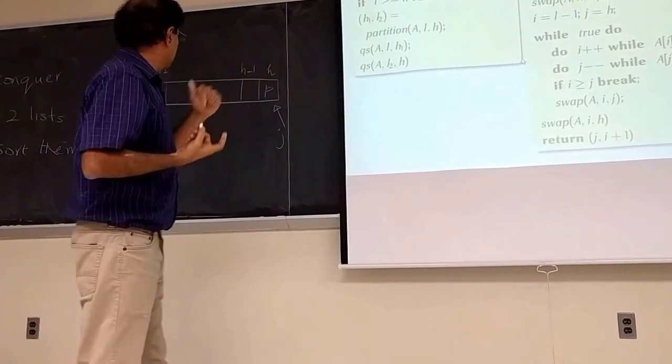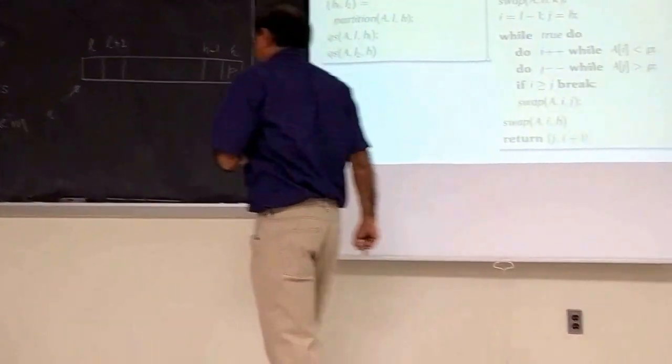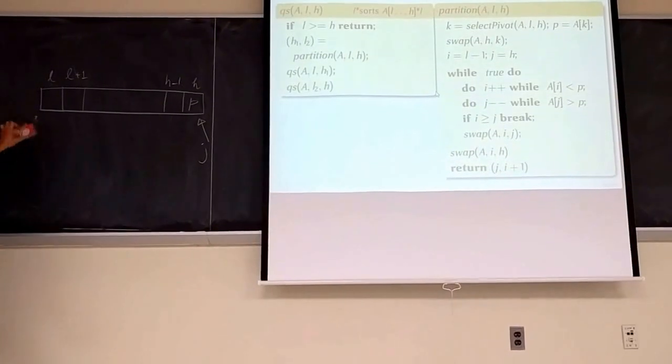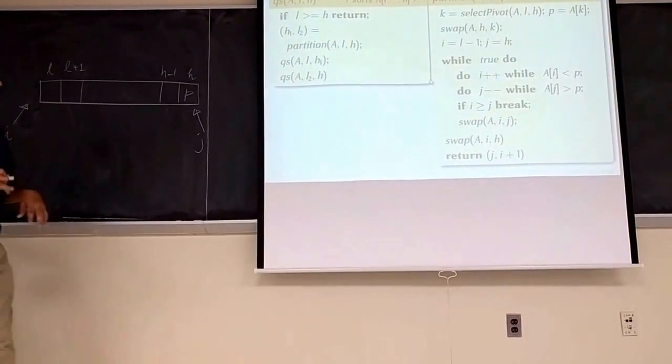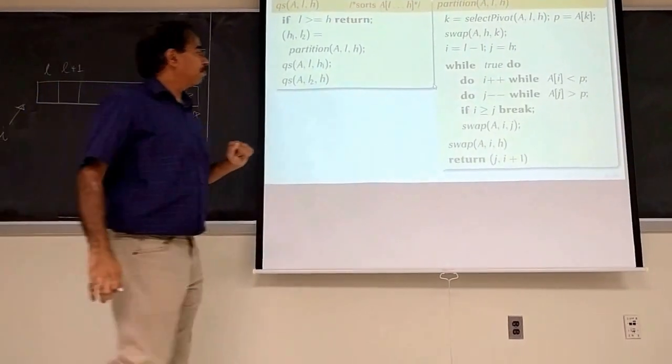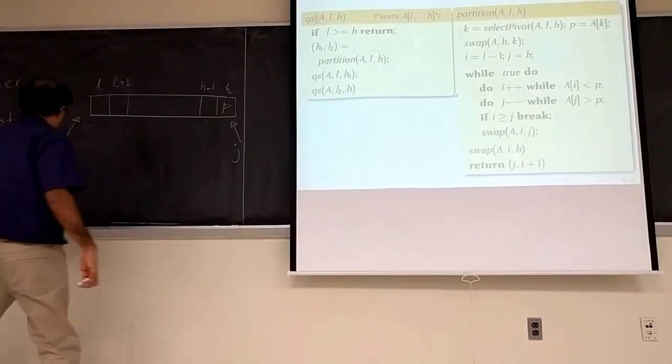So let's go through this more carefully. You start with I equals L minus 1, so I is here, and J is here. So first thing you do is you increment I.